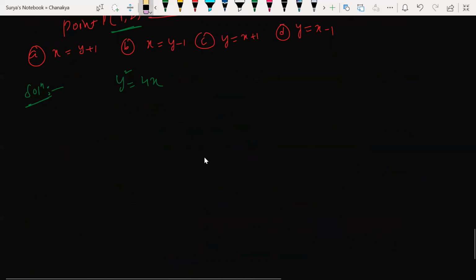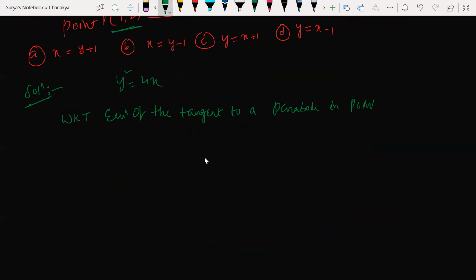We know that the equation of the tangent to a parabola in point form is y y1 is equal to a times of x plus x1.